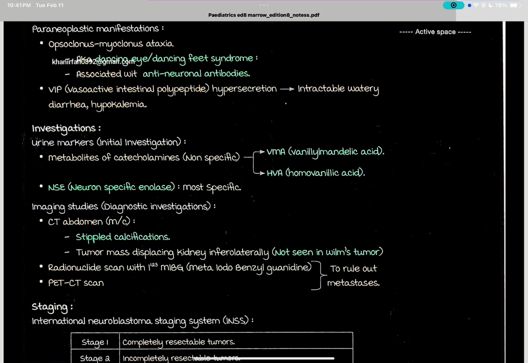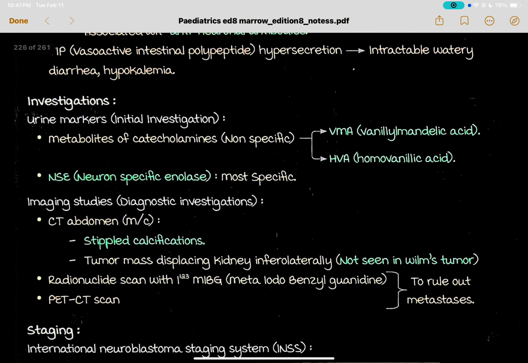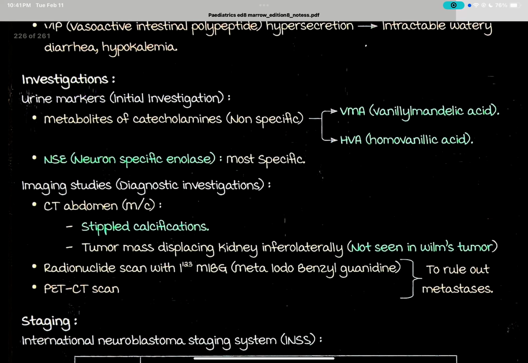Investigation: urine markers. Initial investigations are non-specific metabolites of catecholamines: VMA, vanillyl mandelic acid, and HVA, homovanillic acid.